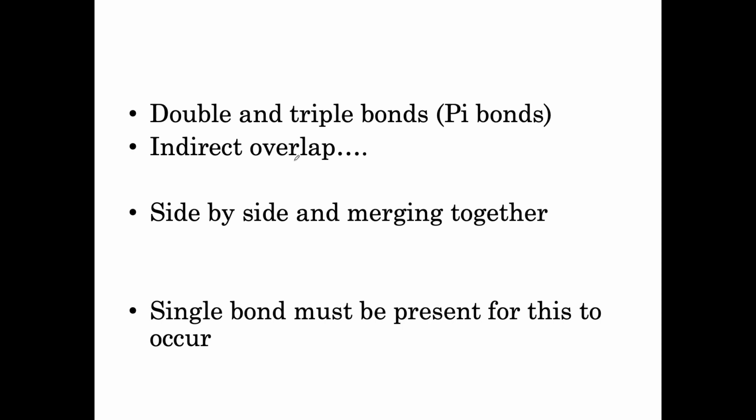Then we get to the double and triple bonds, pi orbitals, side by side and merging together. And this is true: a single bond must be present for this to occur. You cannot have a double bond without a single bond. So let's say carbon is going to form a double bond. We need to have this sigma bond first, and I'm going to draw this down. The atoms get closer together.